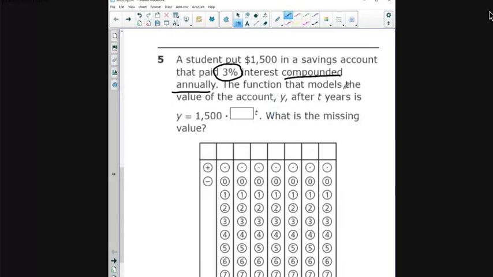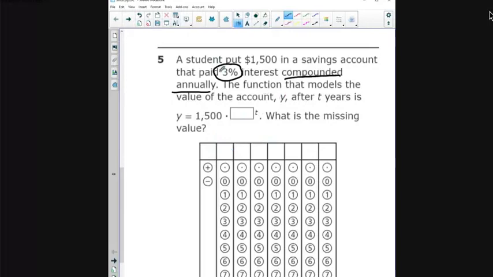The function that models the value of the account y after t years is, look, they give you the equation. y equals, here's your initial amount. It's a griddable. Whenever you have a griddable, you have to be very careful with these, right?